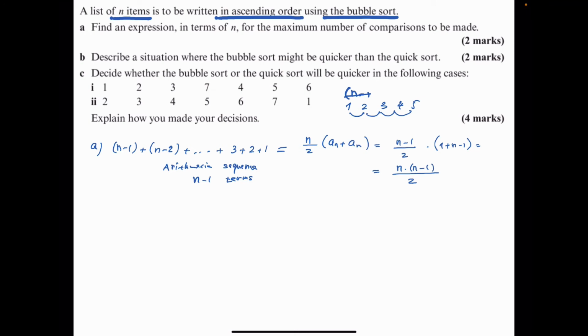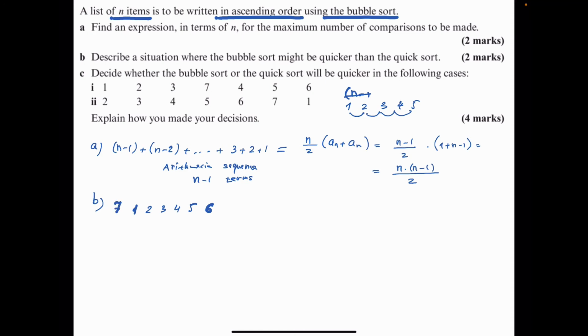So when we look at the B case together, you need to describe a situation where the bubble sort might be quicker than the quick sort. Now when you think about it, if you need to order a list of numbers or some elements into ascending order, that is already in order except the largest element, let's say it's 7 would be first one or somewhere else, it doesn't matter.